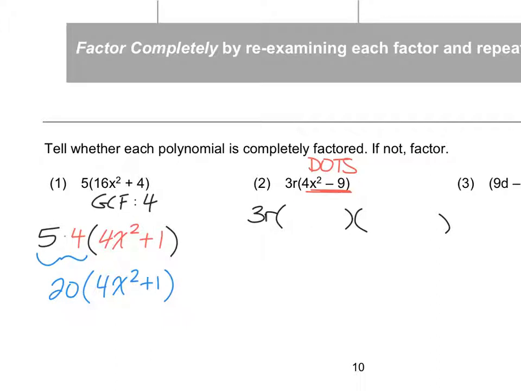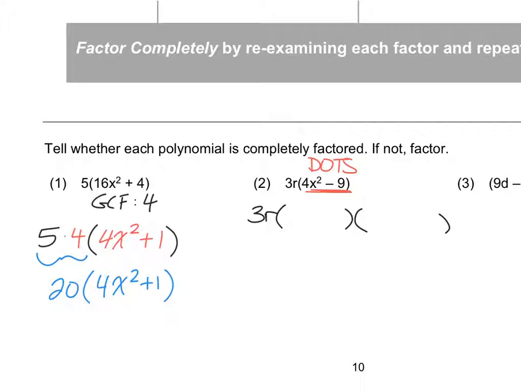A multiple choice question could be something like, here is the factored form of a particular polynomial. What technique was used? DOTS, GCF, DOTS and GCF. It could be something along those lines. So we have to be careful, and we have to know what these things are called.